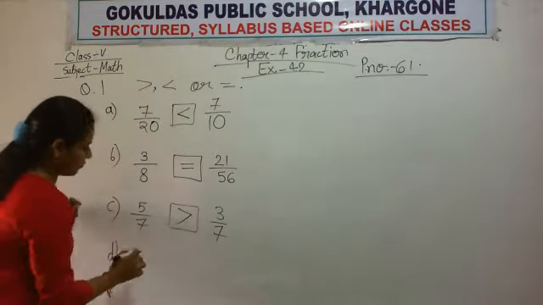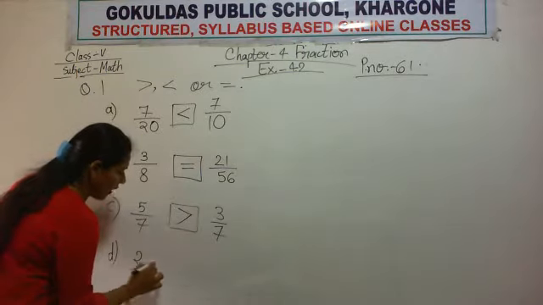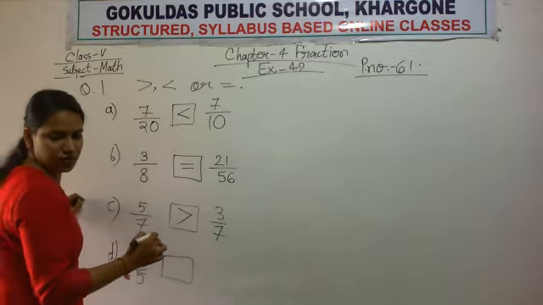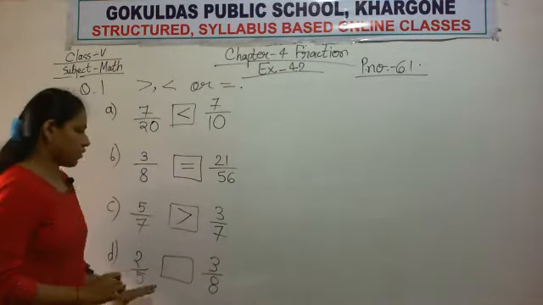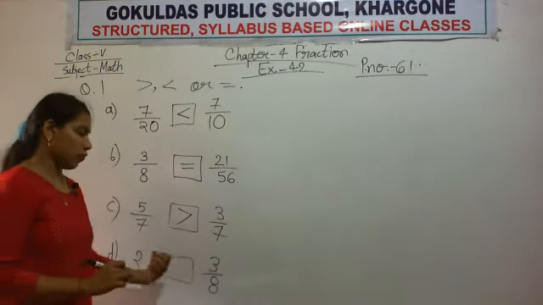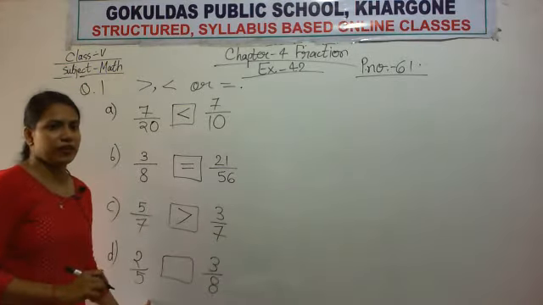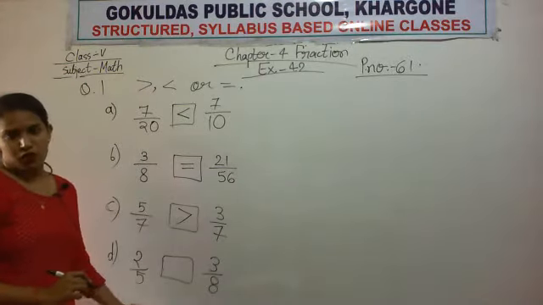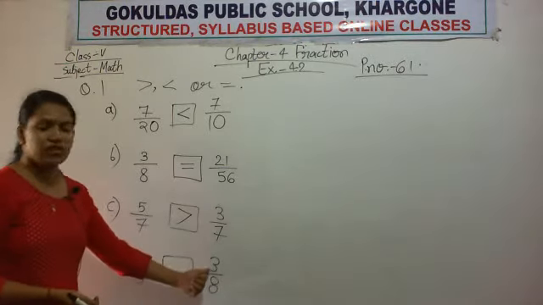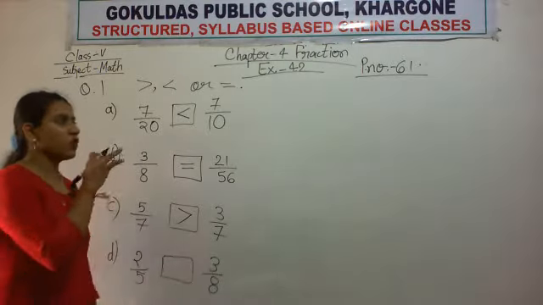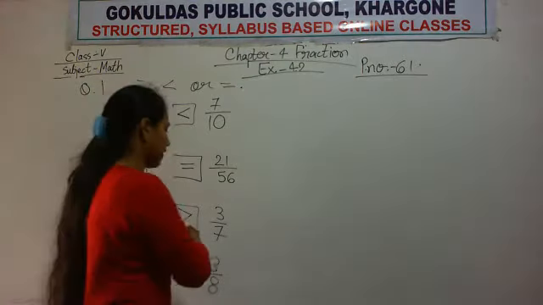Now D: 2 upon 5 and 3 upon 8. Both the numbers have different numerators, and both have different denominators even. So they are unlike fractions. Here the numerators are also different, so it is the second case of unlike fractions.